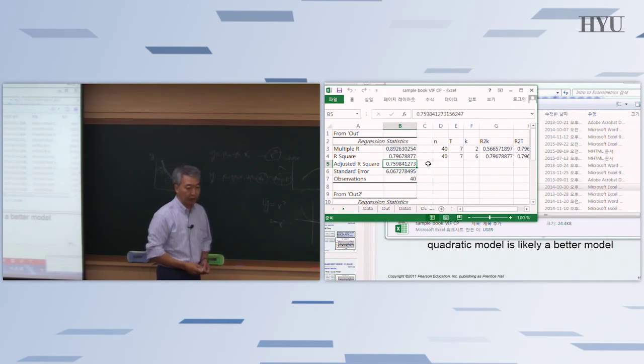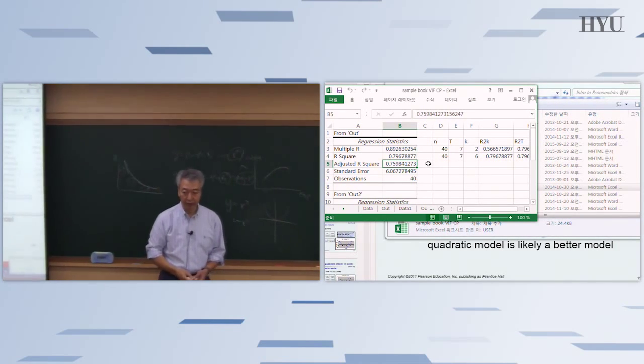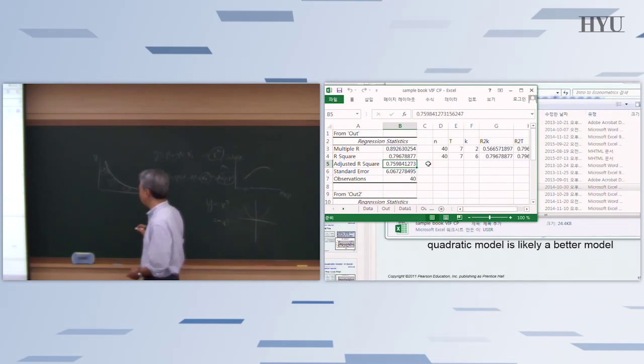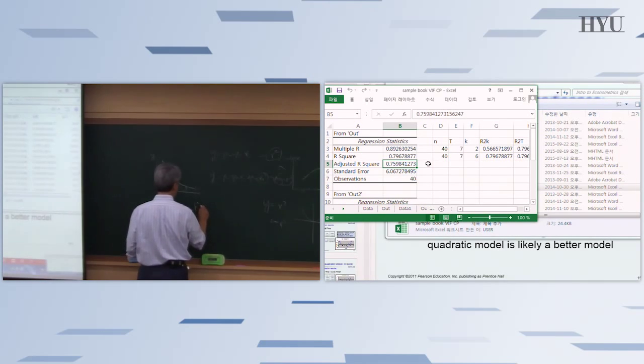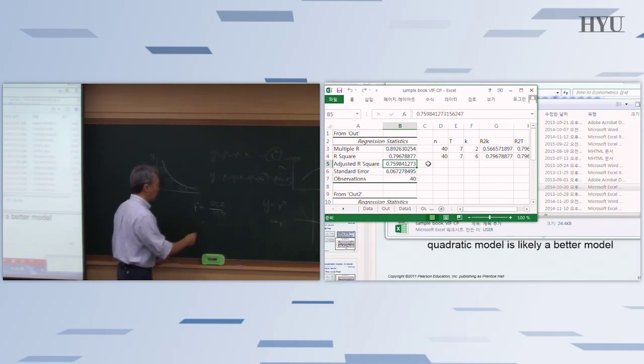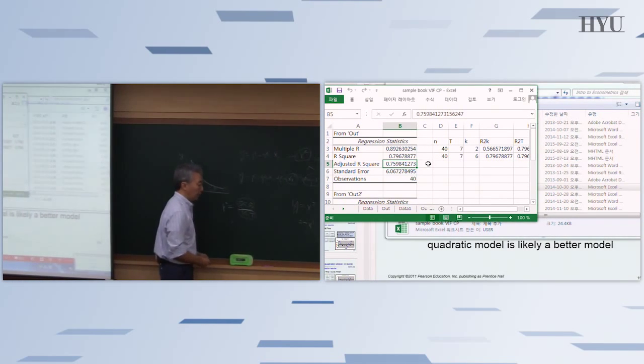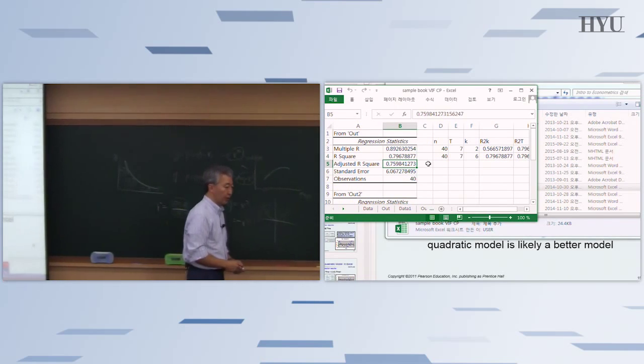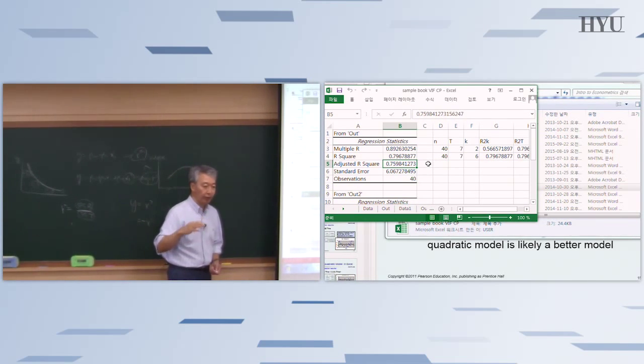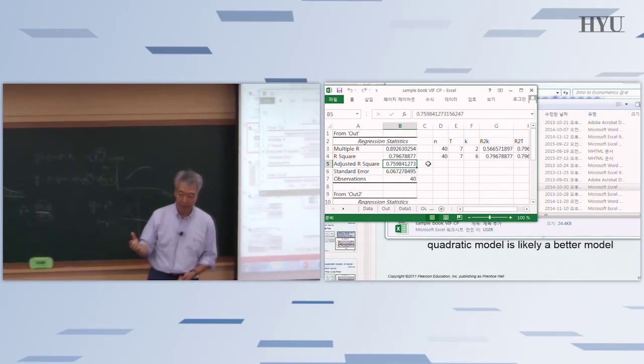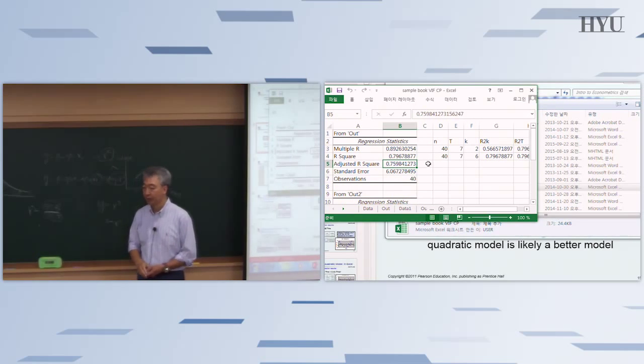You all remember the concept of R square, right? R square is SSR over SST, explained variation divided by total variation. So R square tells us just how much of the total variation in the dependent variable is explained by independent variables, okay?